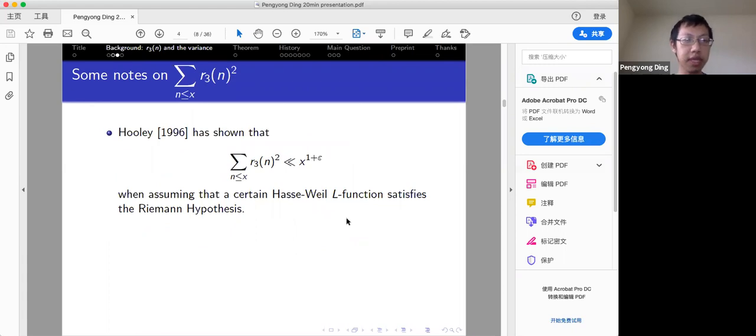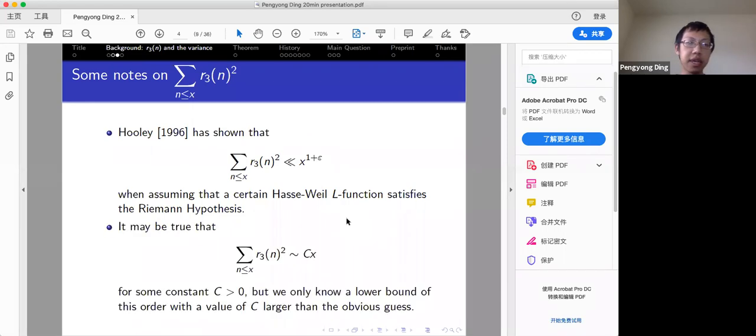In 1996, Hooley showed that the second moment sum is less than x to 1 plus epsilon, assuming that a certain L-function satisfies the Riemann hypothesis. It's conjectured that the second moment sum should be asymptotic to c times x for some constant c, but we only know a lower bound of this order with a constant c larger than the obvious guess. In other words, if this is true, then the constant c might be quite large.